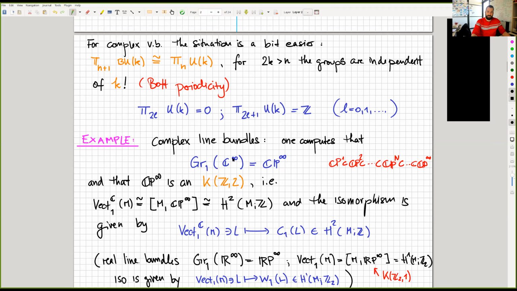CPN is just, if you like, the lines of Cn plus 1. So the set of lines in Cn plus 1 gives you CPN. And the same you can do, of course, with C infinity. If you look at the lines in C infinity, you get CP infinity.